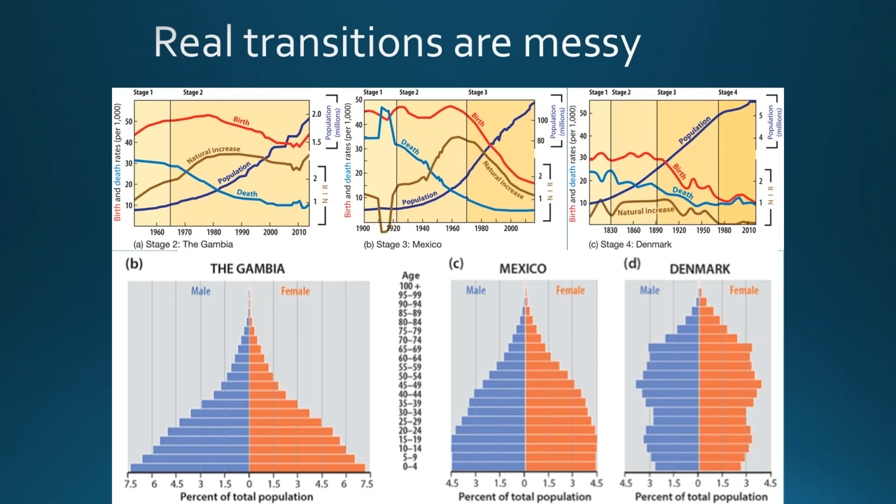So we can map these through poorer countries like the Gambia or through a stage 3 country like Mexico, and you could see dips and rises versus Denmark. Different things can happen. You can imagine how war or food shortages or migration events can affect these transitions.